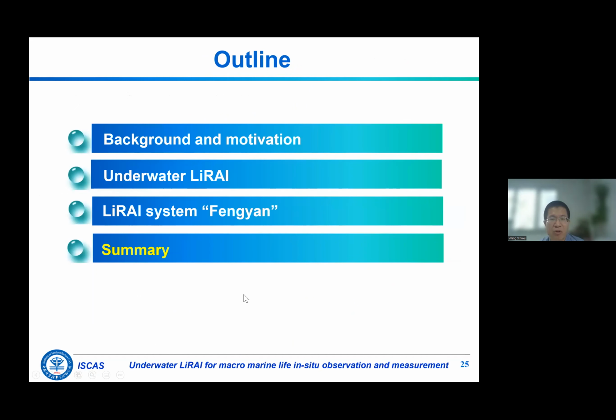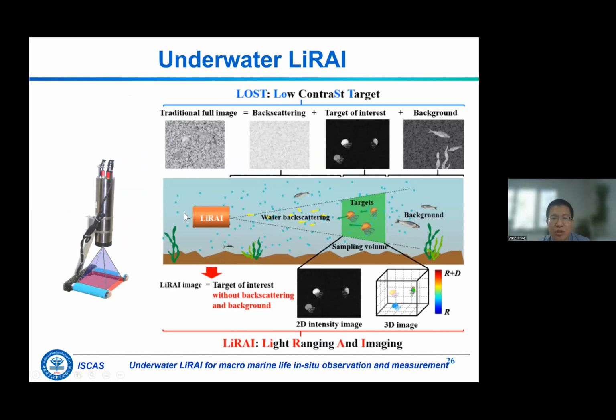Let's give a summary. We tried to develop a method for macro marine life observation and measurement. The method is different from a traditional underwater camera. It only obtains images from the sampling volume. One can obtain the two-dimensional intensity image without backscattering or with weak backscattering, and can also filter the background, and can also obtain the range distance of targets.